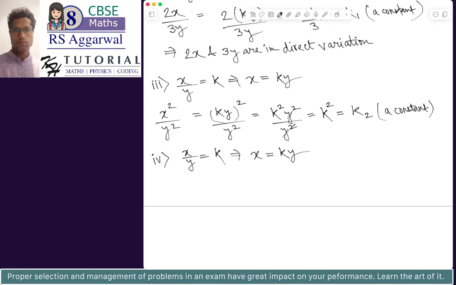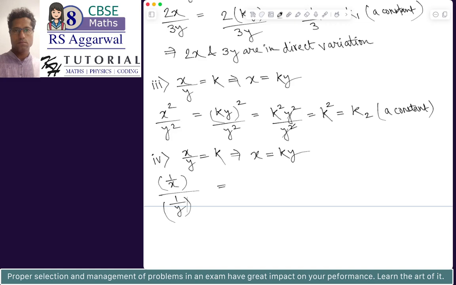So let's see what is the ratio of the two quantities, that is 1 by x divided by 1 by y. If this value turns out to be a constant, then we can say that the quantities 1 by x and 1 by y are in variation.